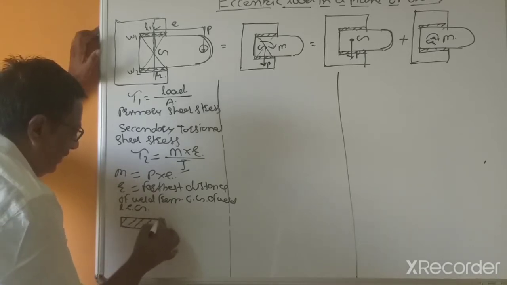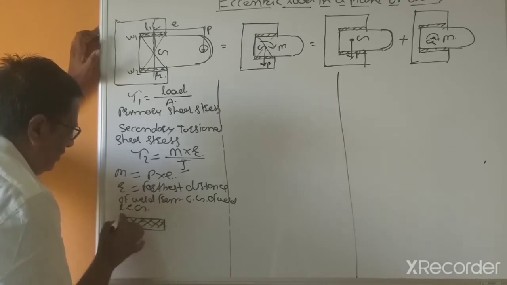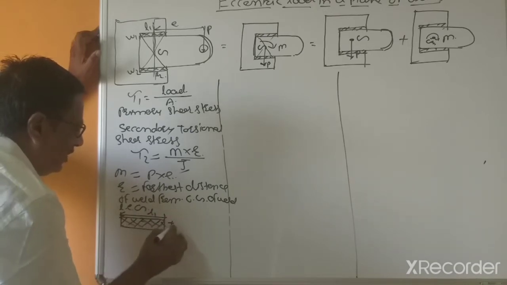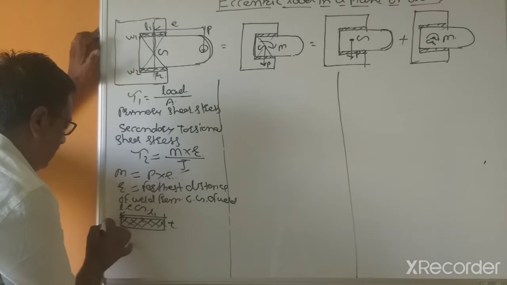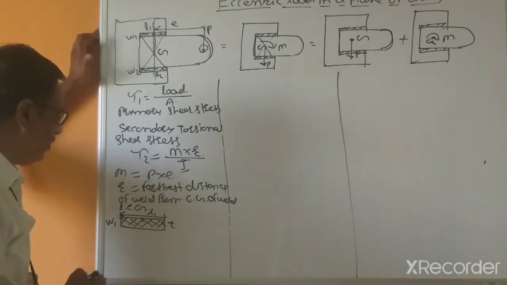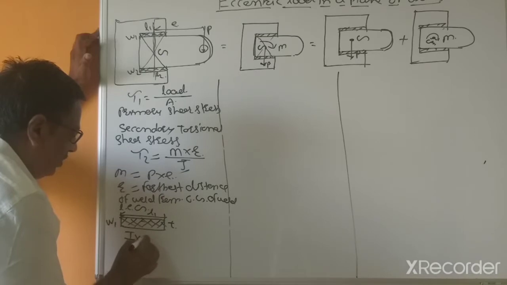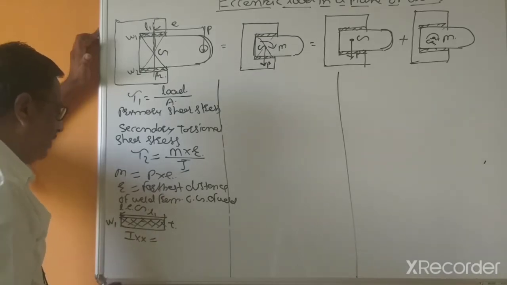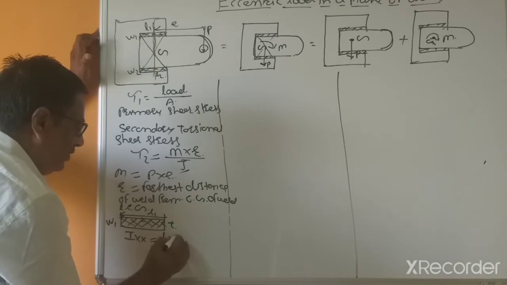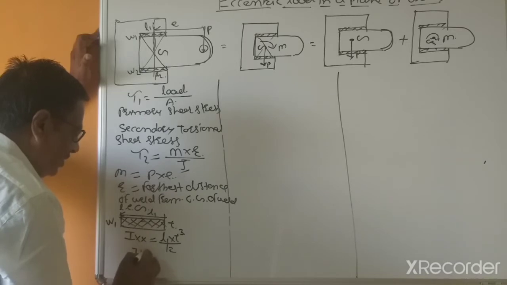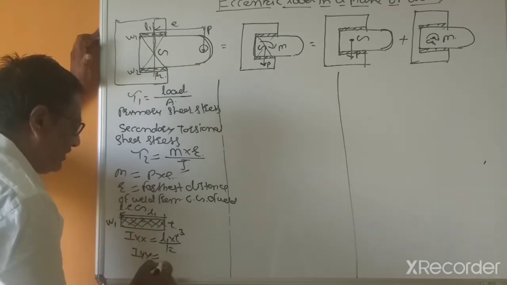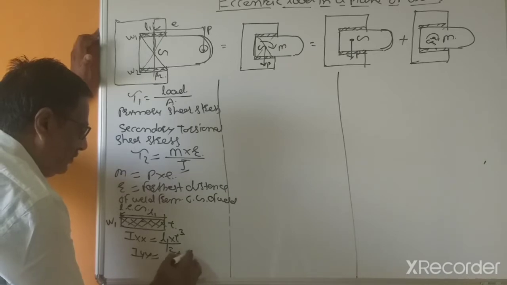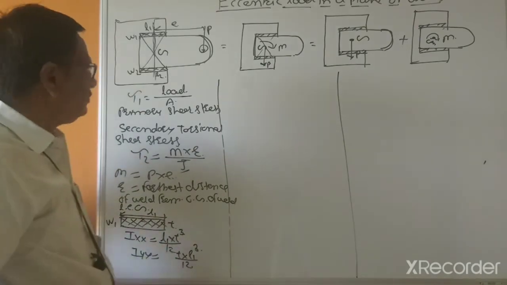For the first weld, length is L1 and T is the thickness. W1 stands for first weld. So moment of inertia about the x axis equals L1 into T cube divided by 12, and moment of inertia about the y axis equals T into L1 cube divided by 12.